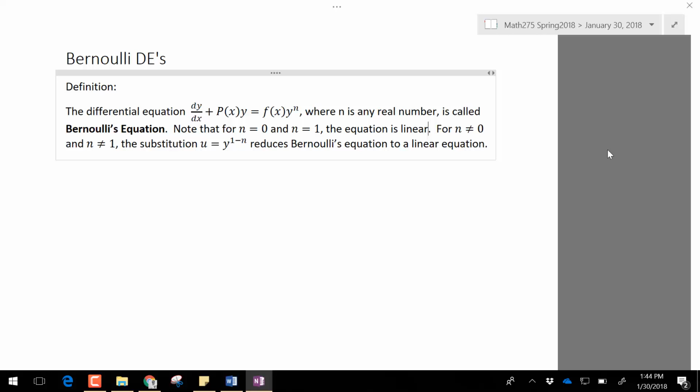In fact, this one is also another substitution, and the Bernoulli part of it is just identifying if it's a Bernoulli differential equation. So we look at it, we ask, is this a Bernoulli differential equation? And then the technique, the actual technique, is a substitution. Okay?